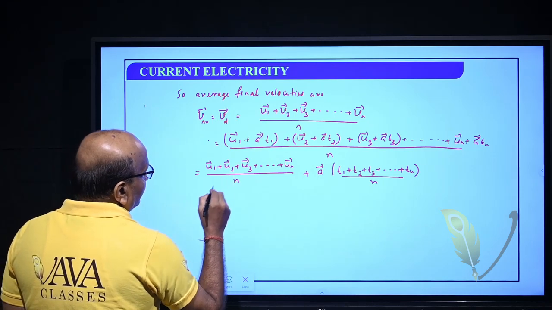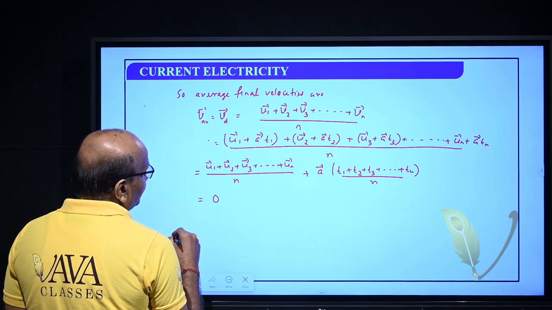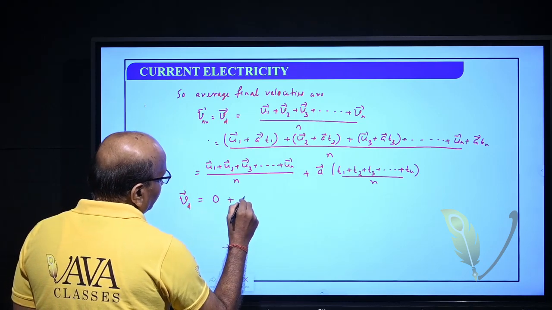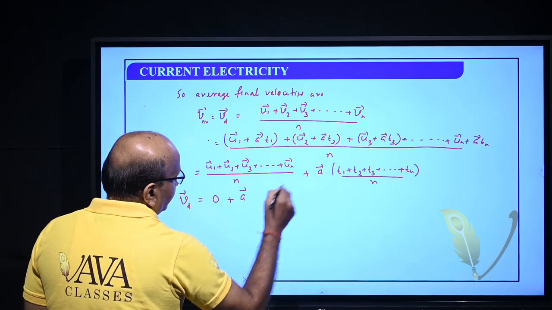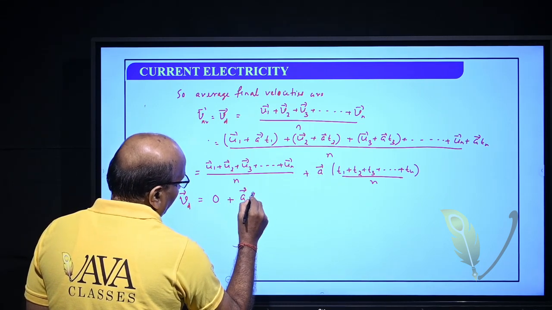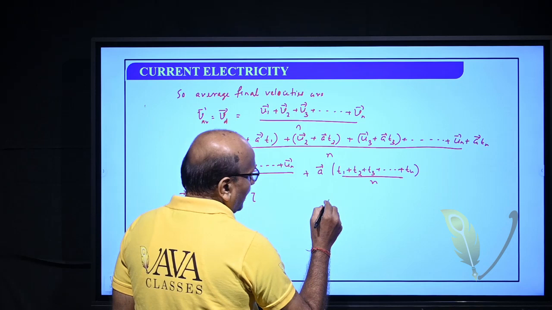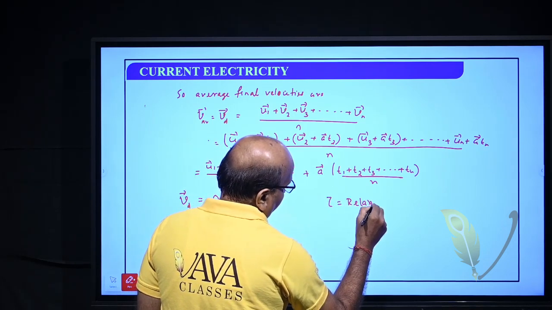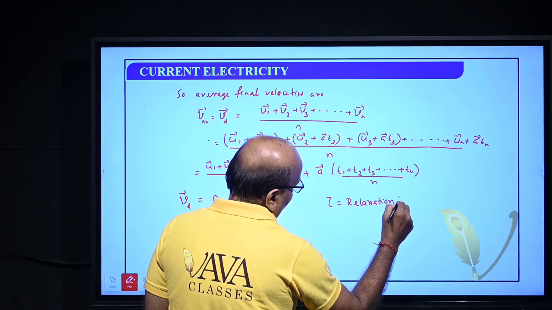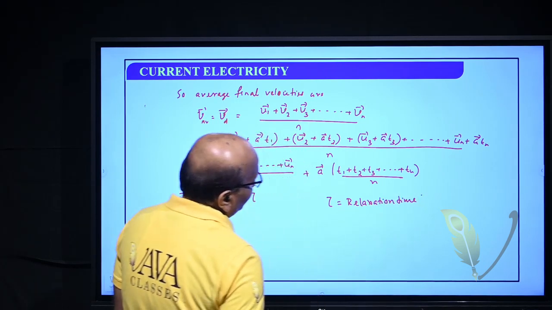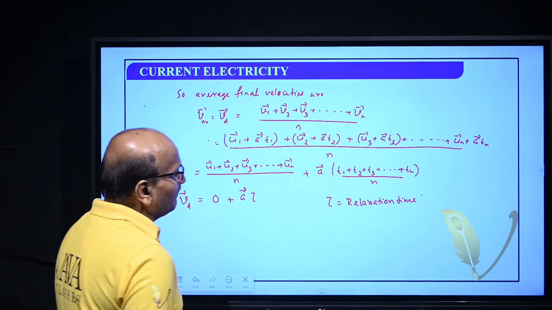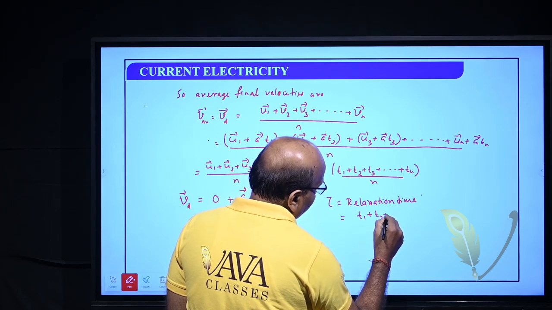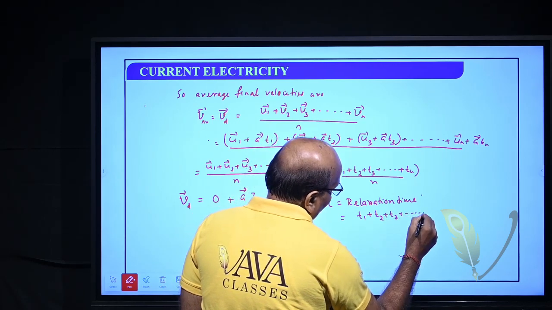But we have already seen that the first value is 0. So the drift velocity is equal to A times tau. What is tau? Tau is called the relaxation time, the average time interval between successive collisions.